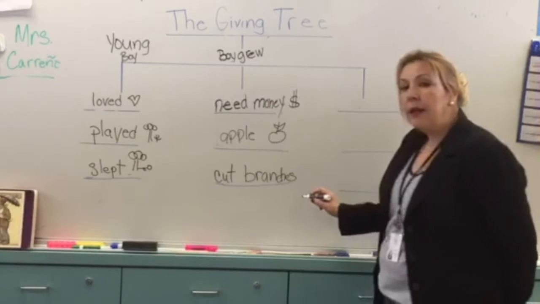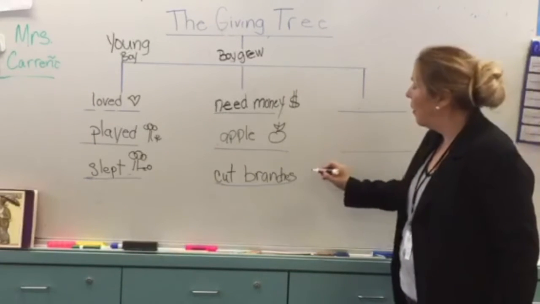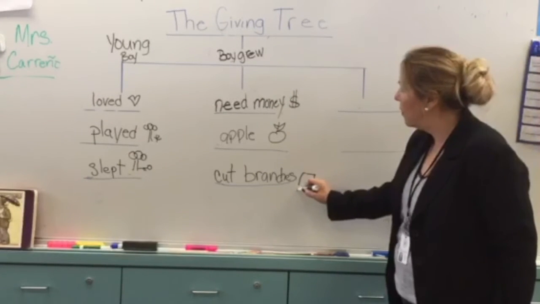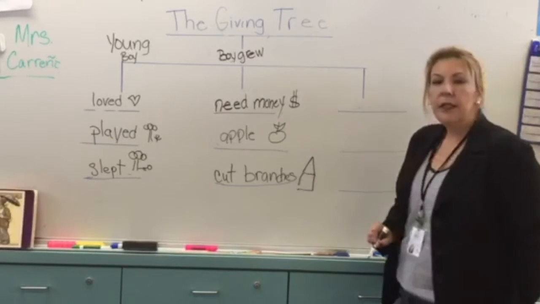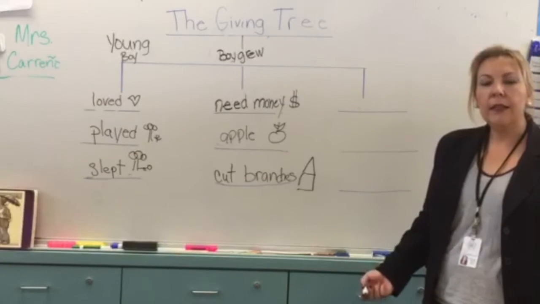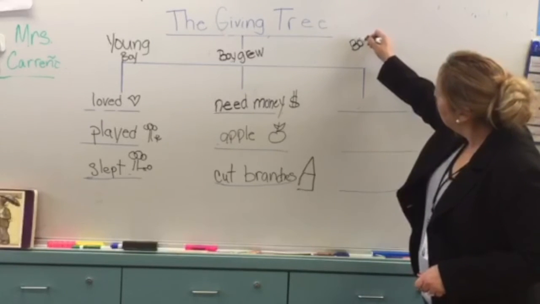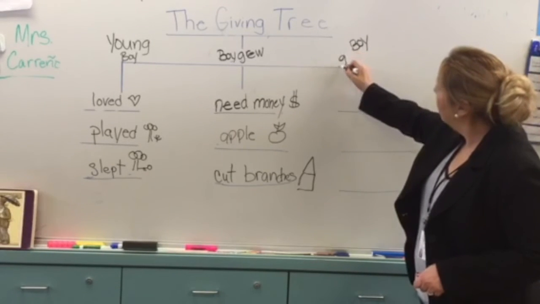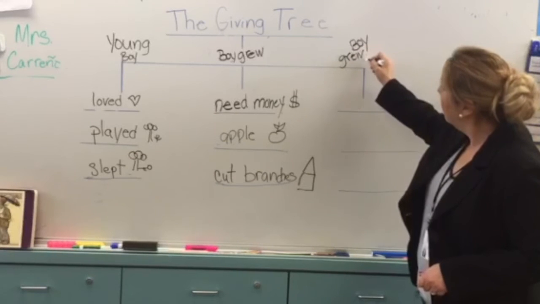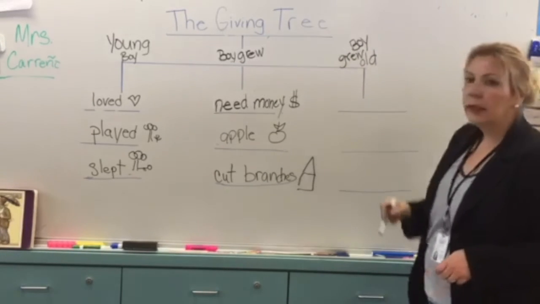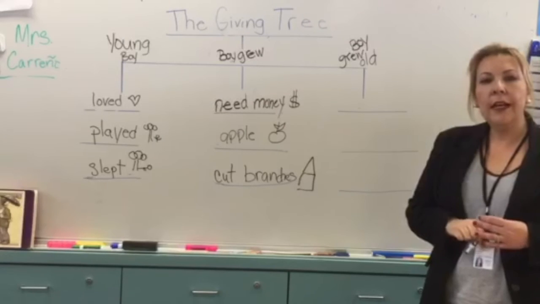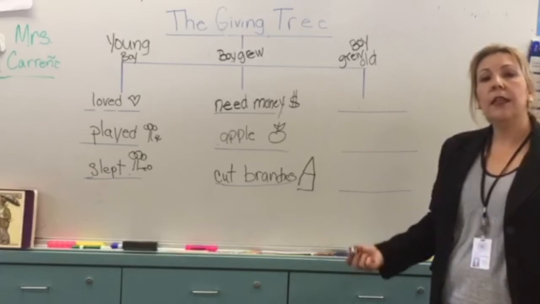And he cut the branches because he wanted to build a house. Because he needed a house and he had more needs. But then the boy grew old. And as he got older, he had different needs. He wanted to get away.